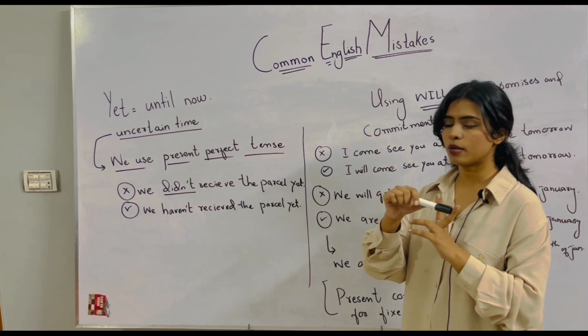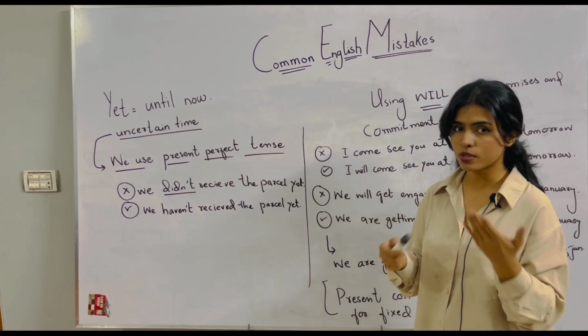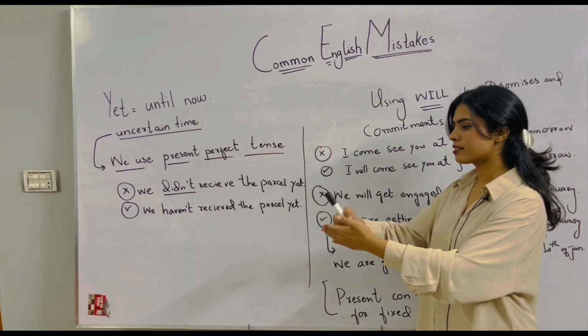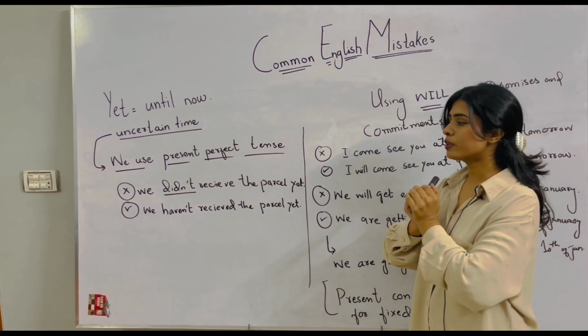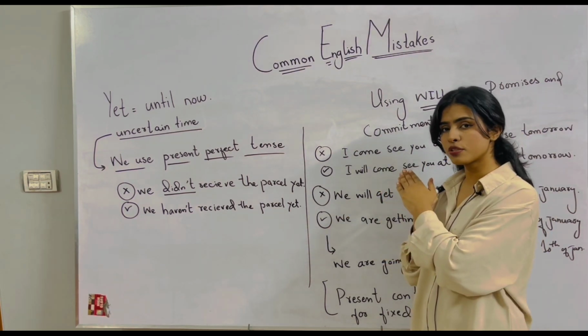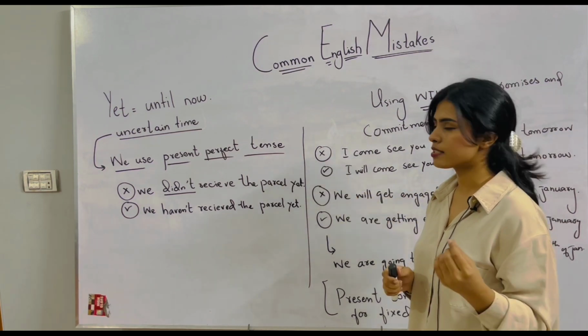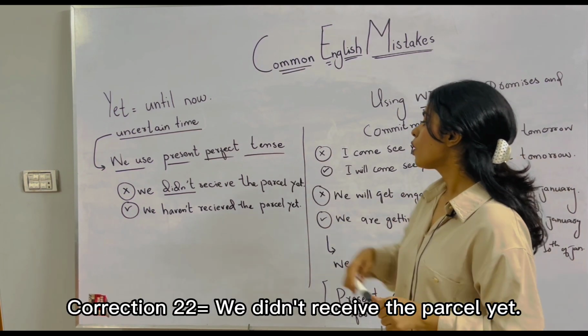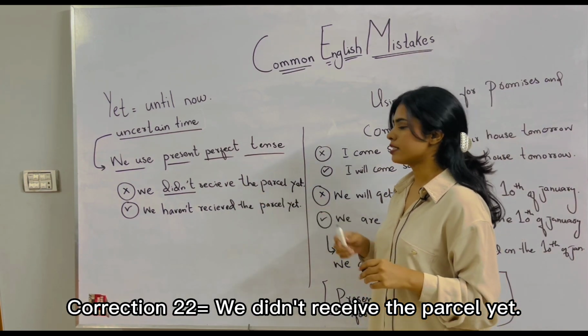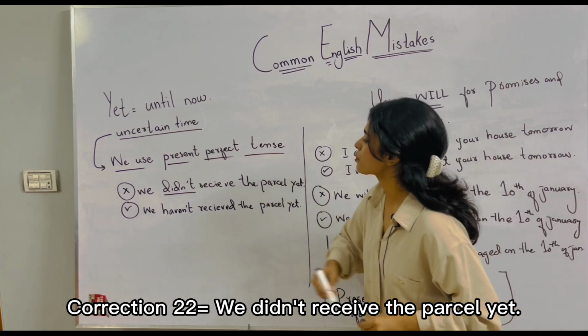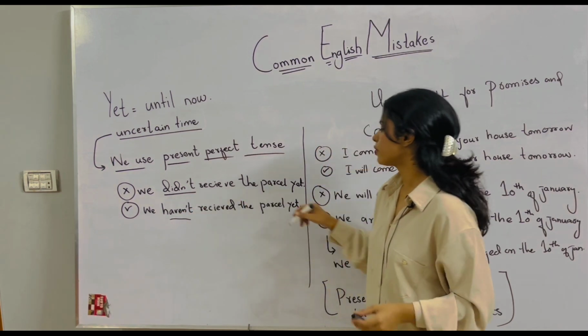You're not sure about when the thing started or what's happening. You just know that it's something that's up until now. So whenever you have that situation, you're going to use present perfect tense, not past simple tense. So our correction would be, we didn't receive the parcel yet. Although it would actually be, we haven't received the parcel yet.